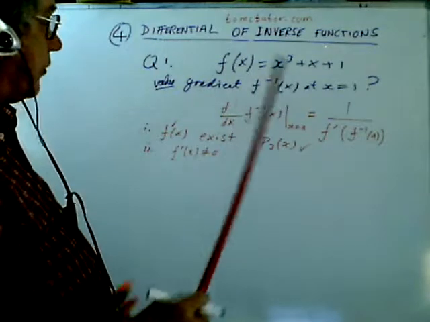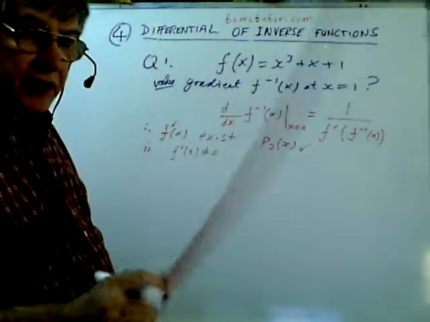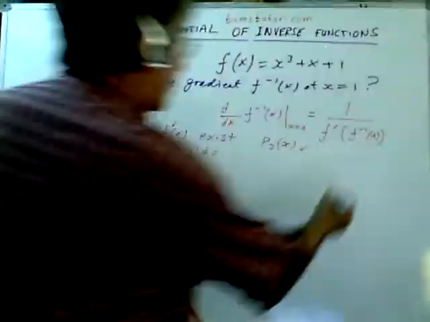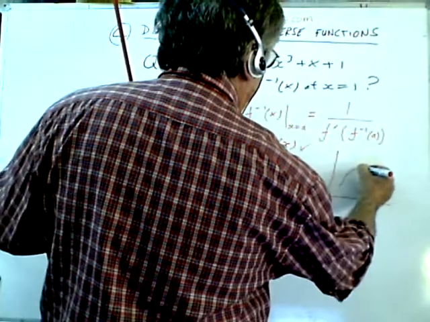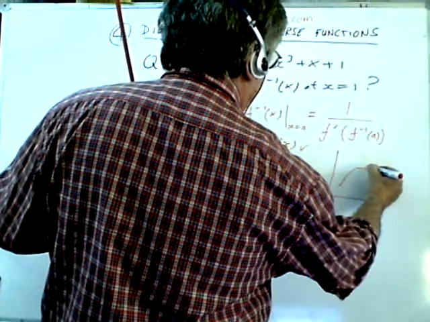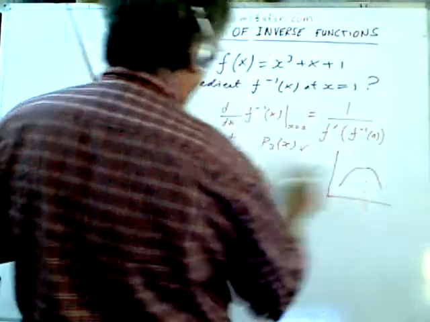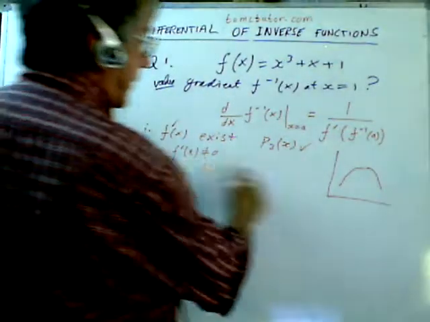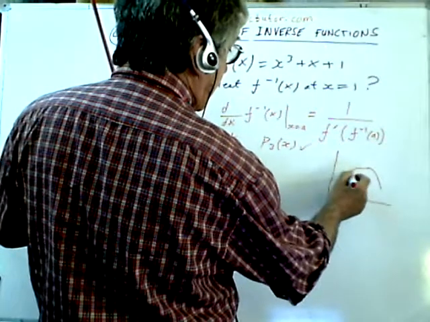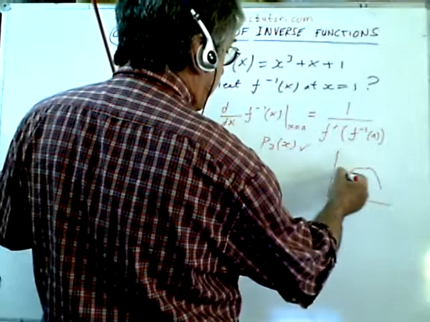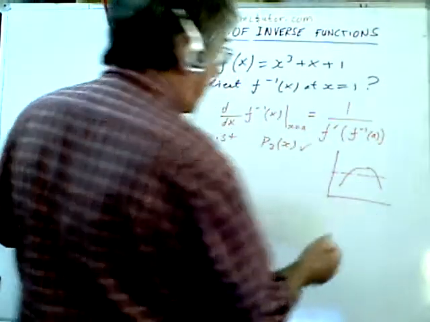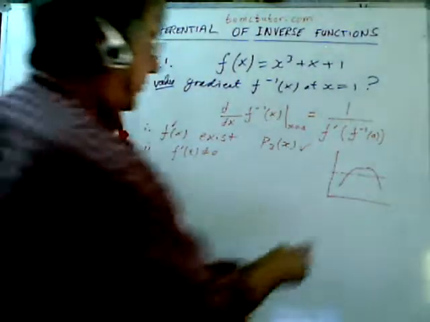This requires that the function is always increasing or always decreasing, if you think about it, because if that's a graph of a function, and somewhere it has a 0 gradient, then it's increasing and then decreasing again. So that means that it fails the horizontal line test, as we say.